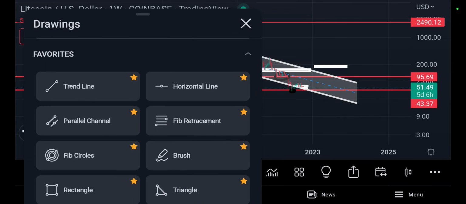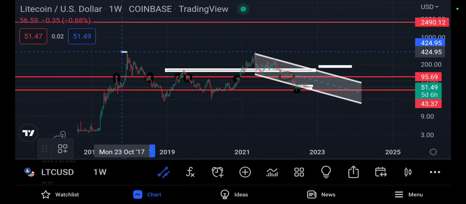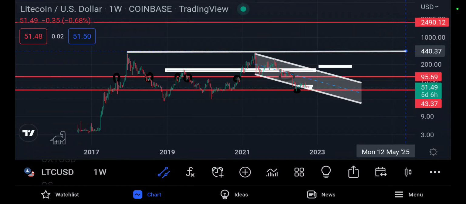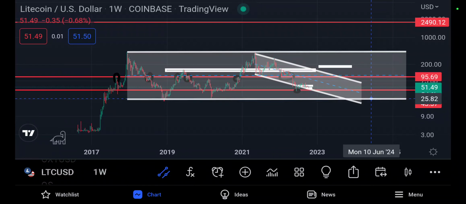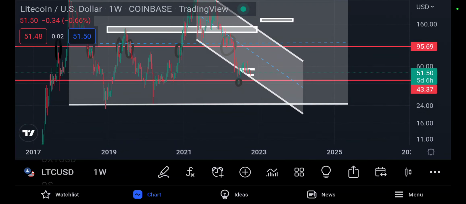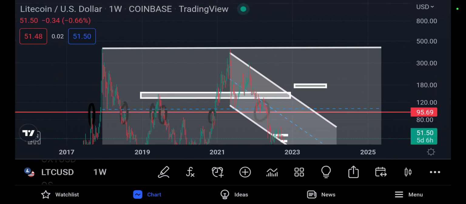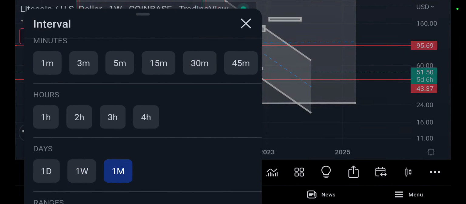I could even bring out another parallel channel from here and here and just drag it down so we have some confluence. So we have this right here. Let's actually go to the monthly chart.